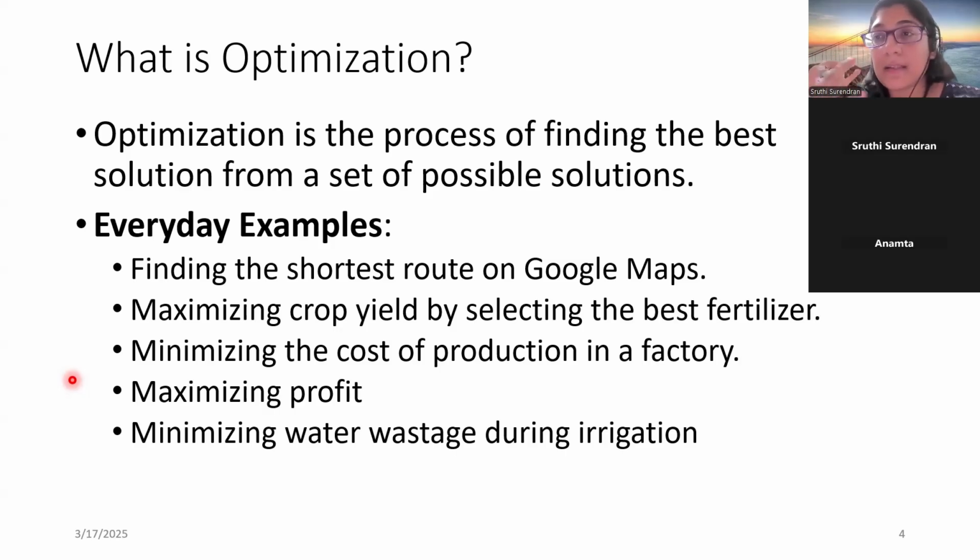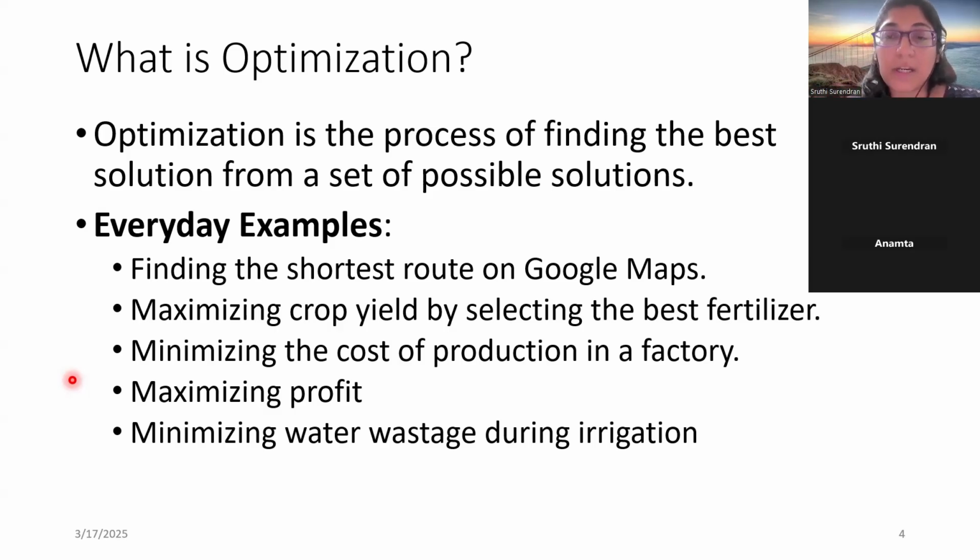Say we have three kinds of fertilizers and we don't know which one gives us the best yield. We'll apply all three of them and get a range of yields, and out of that, which is the maximum yield that we receive, and which fertilizer it corresponds to, is what is basically called optimization.